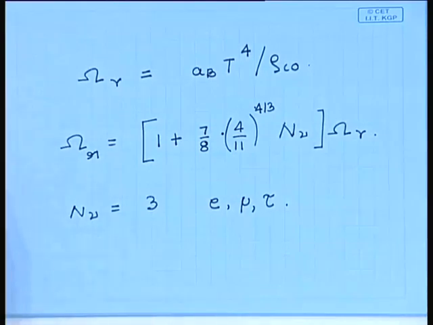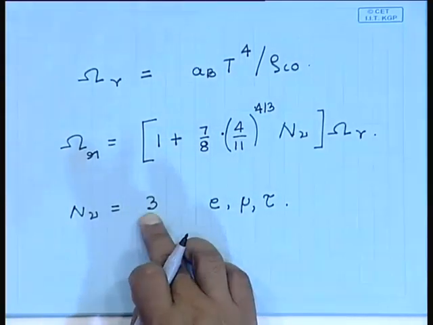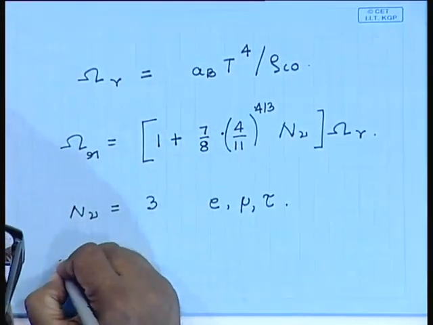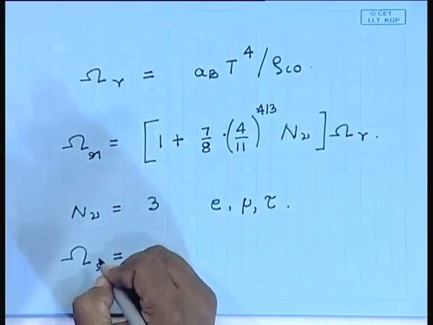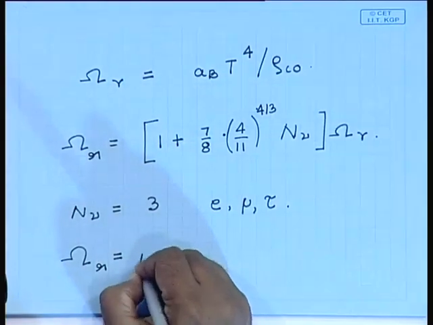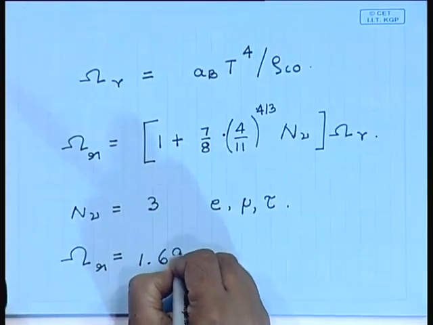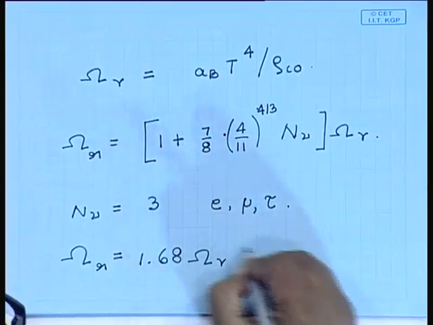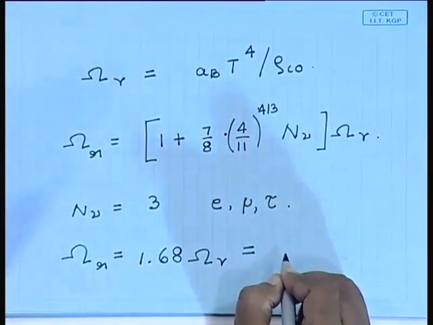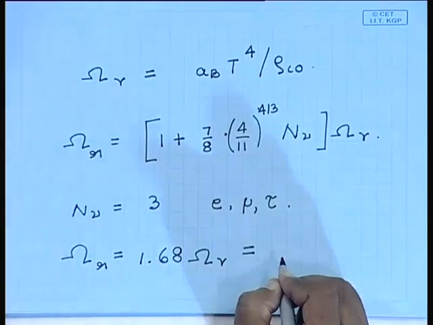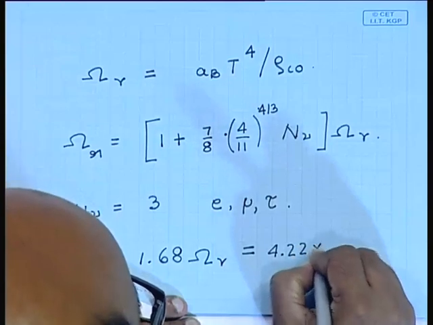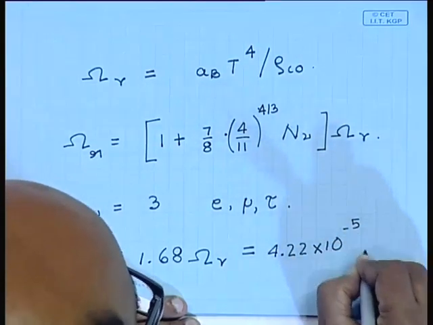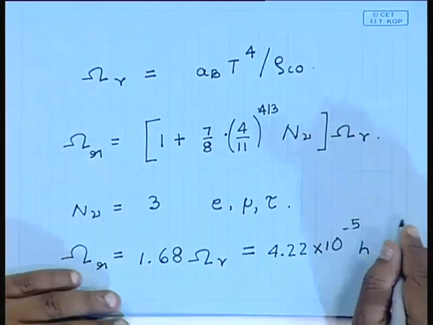Okay. So for 3 species of neutrinos, this number omega relativistic turns out to be 1.68 times omega gamma, and it has a value 4.22 times 10 to the power minus 5 h to the power minus 2.